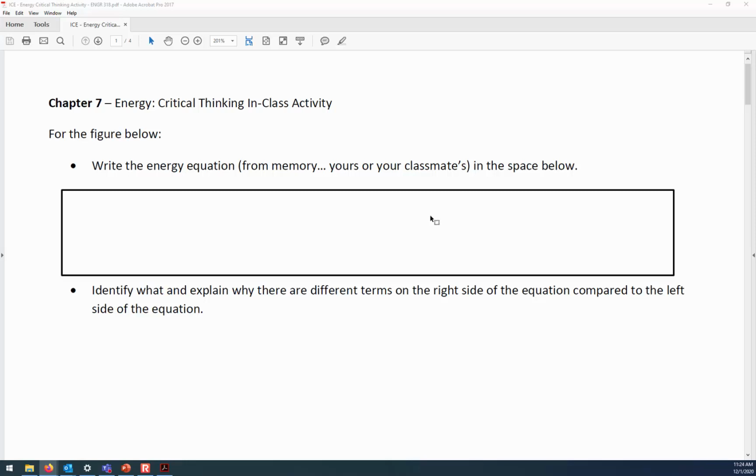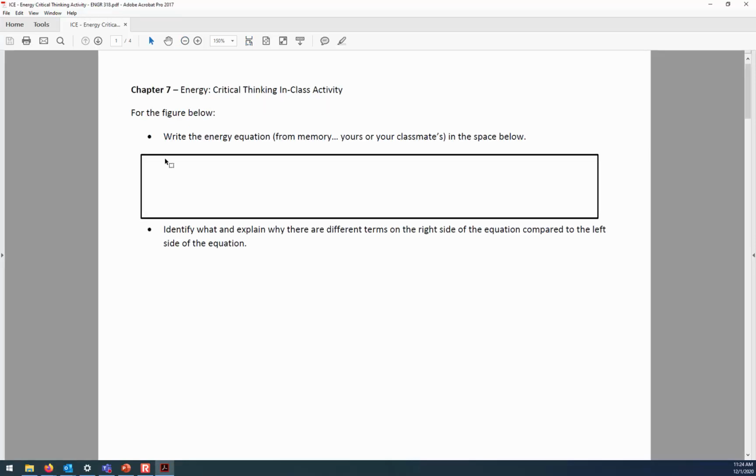There are some important additional terms, and then slight variations in the common terms between them. But what I'd like you to do is fill in the energy equation and then explain what the differences are between the left-hand side and the right-hand side of the equation. And let me pause for just a moment to see if you can puzzle that out from memory, and then we'll take a look together at some of the things I'm trying to get at in this activity.